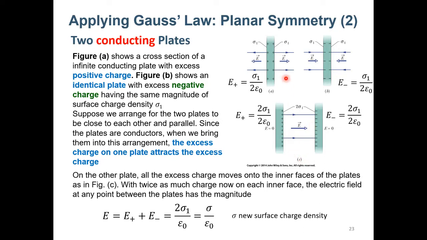So in this case, all the E field from the positive component will be concentrated to the right side, and E will be 0 at this side. For the negative plate, all the E field will be concentrated at this part. So the magnitude will be double, and at this part the E field will be 0.